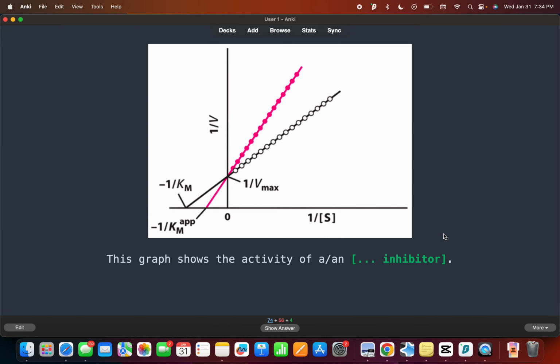This graph shows activity of, so the Vmax is unchanged, so we immediately know that it is a competitive inhibitor, and the Km is increased because this is lower.